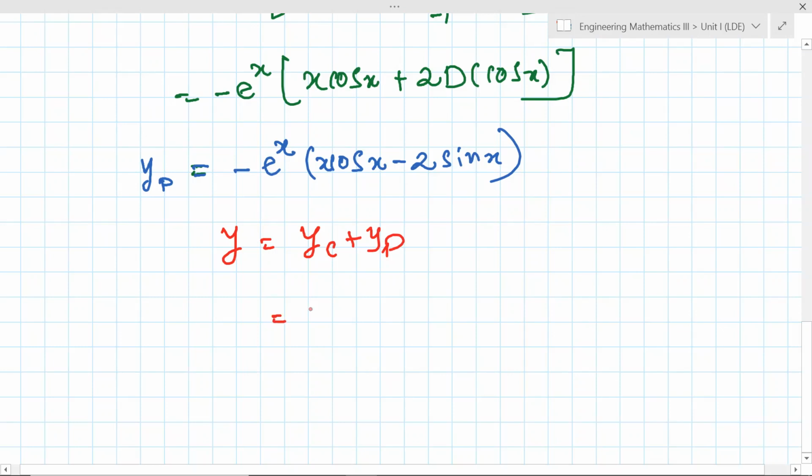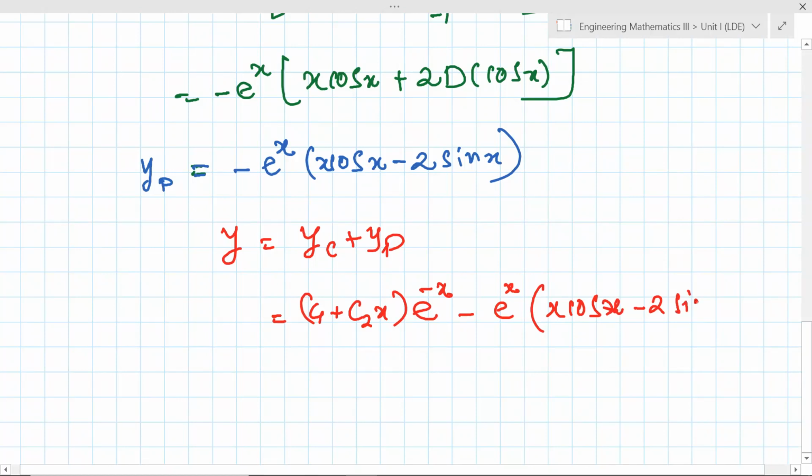Okay, and this is nothing but yc is (c1 plus c2x) e raised to minus x plus yp, which is minus e raised to x in bracket x cos x minus 2 into sin x.